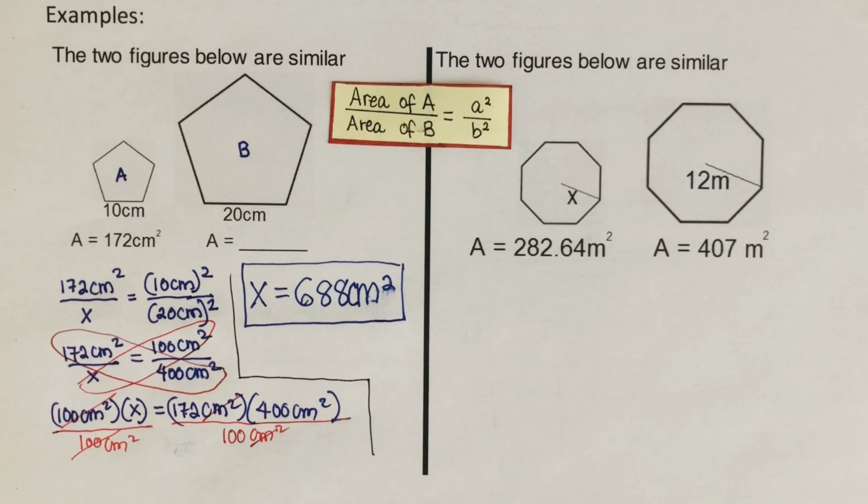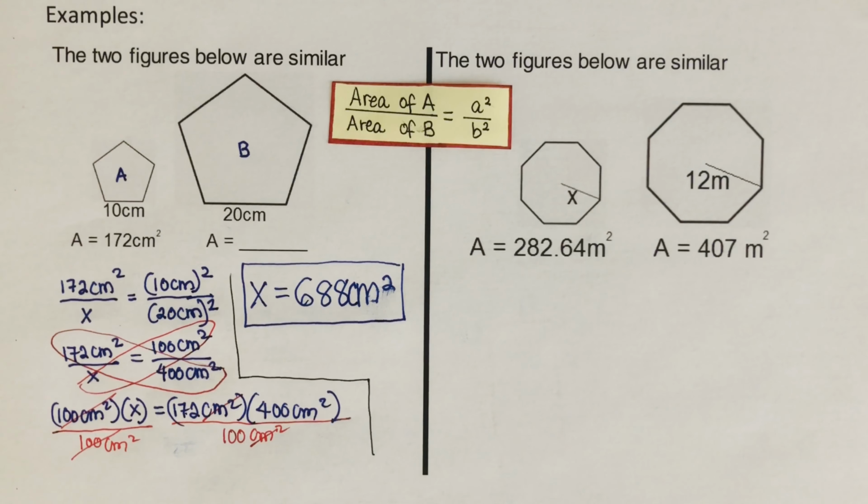Then from here, we are going to cross multiply these two and cross multiply these two right here. So we can rewrite this as 407 meters squared times X squared is equal to 282.64 meters squared times 144 meters squared.